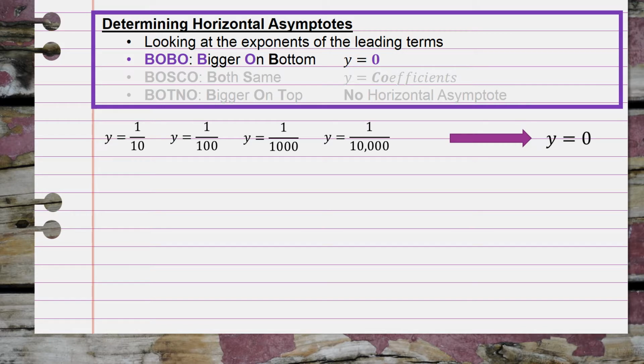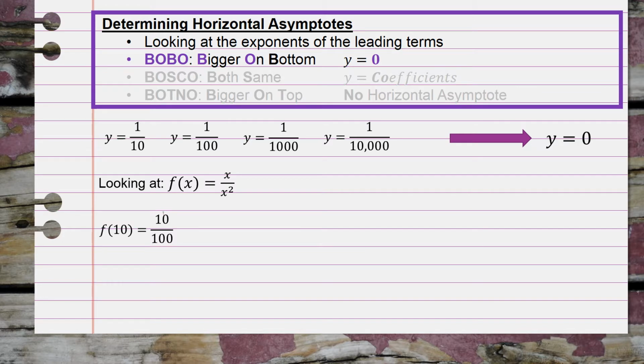Now, if I were to put this as a function, say x over x squared, do you agree that the degree in the denominator is bigger? If I plug in a 10 into that function, that becomes 10 over 10 squared, or 10 over 100.